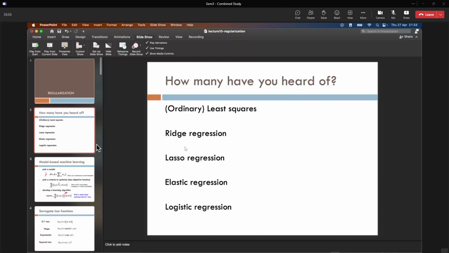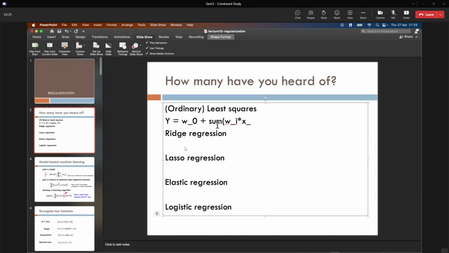So regularization. First of all, it is lasso, L1. Then it is ridge regression, and ordinary least squares is nothing but the linear regression, OLS. When we see that hypothesis function, it is W0 plus the summation from 1 to n of Wi into xi.